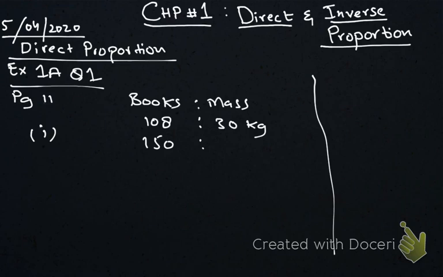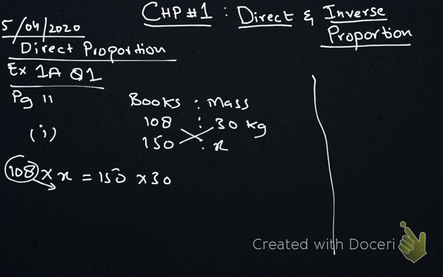So the value is unknown, the mass is unknown. You are going to consider it as x. Now cross multiply. 108 multiplied by x equals 150 multiplied by 30. 108 is going to shift on the opposite side. So x equals 150 multiplied by 30 divided by 108.